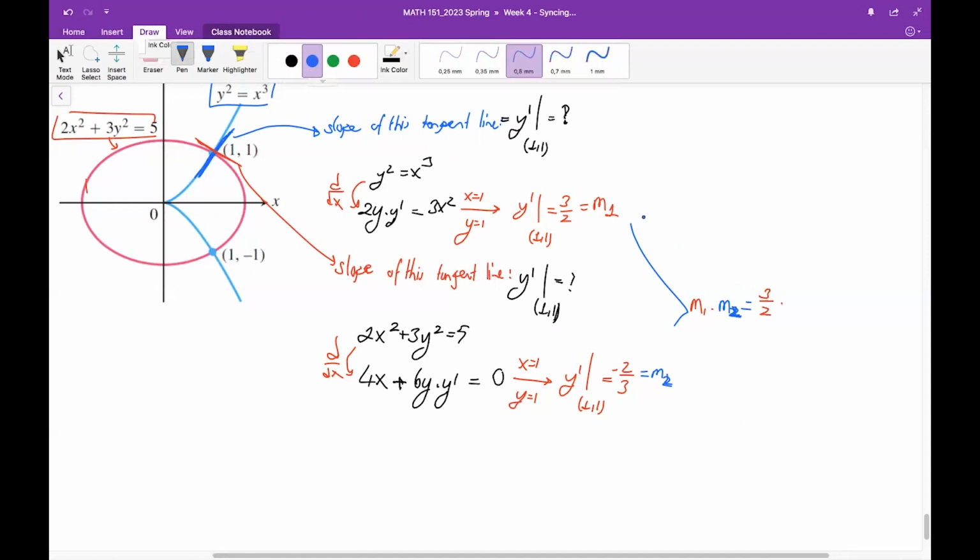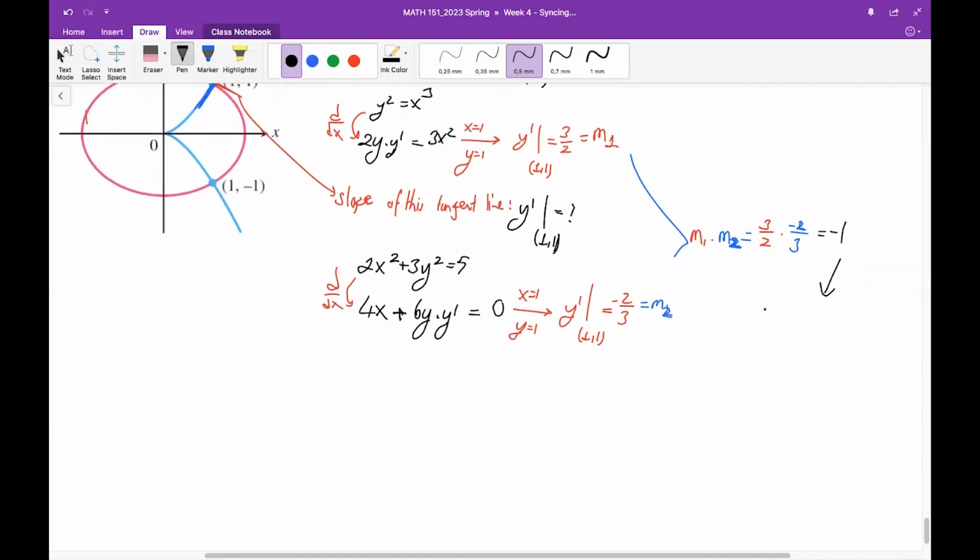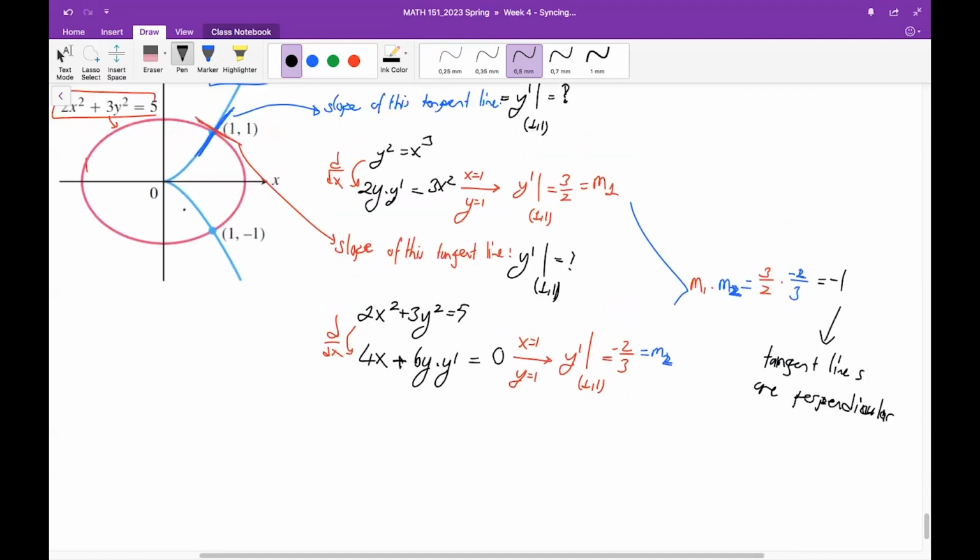What does this tell you about the tangent lines? If the product of the slopes is -1, then the tangent lines are perpendicular. Exactly, the tangent lines are perpendicular. So if you have a product equal to -1, then the tangent lines should be perpendicular.